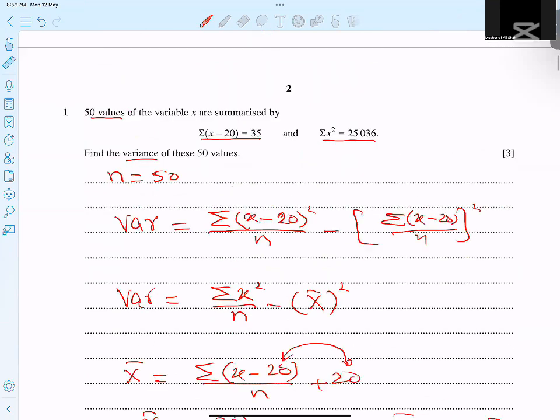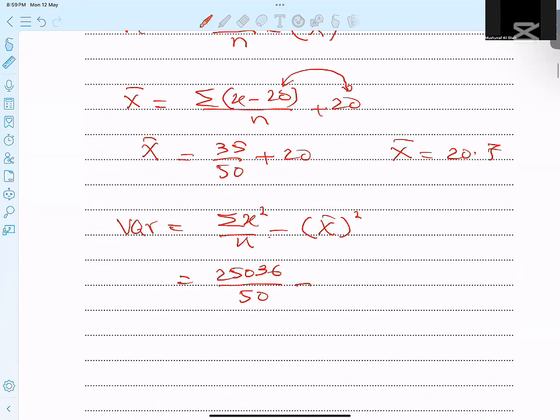Let me check again, 250.36, minus 20.7 whole square. So 250.36 divided by 50, minus 20.7 to the power 2. My answer is going to be 72.23. This is called variance, I hope so.